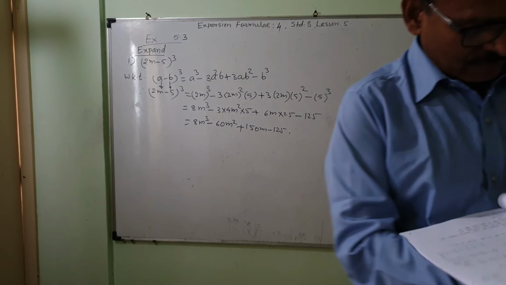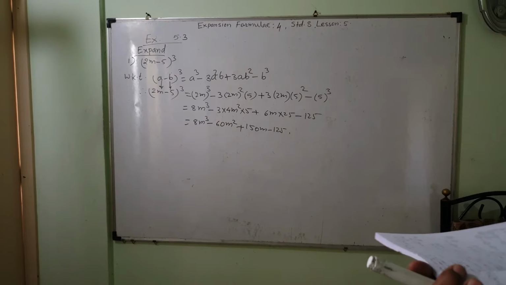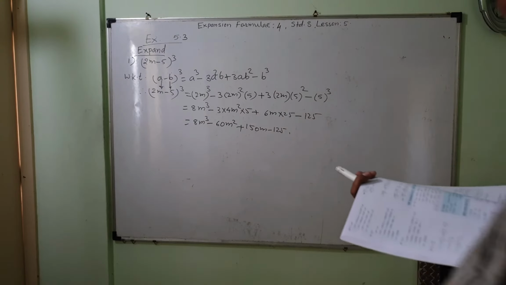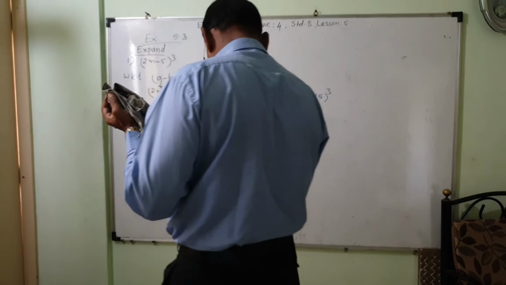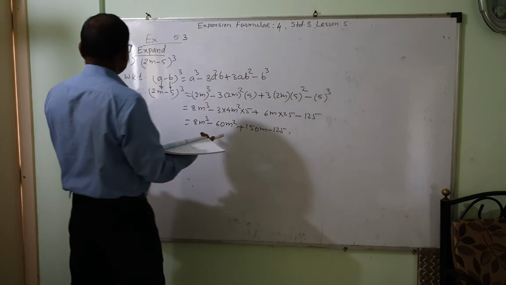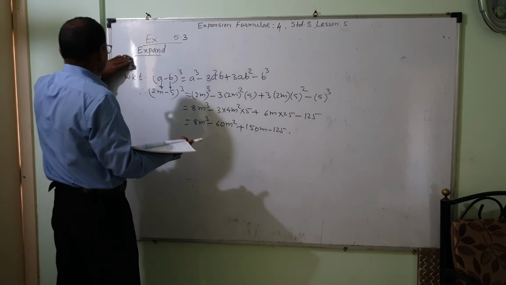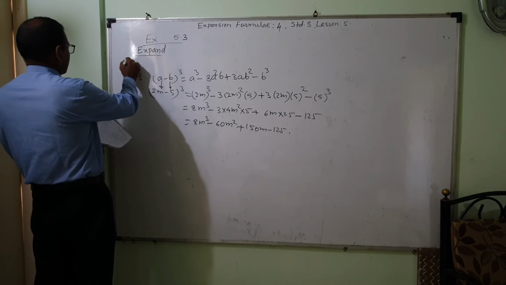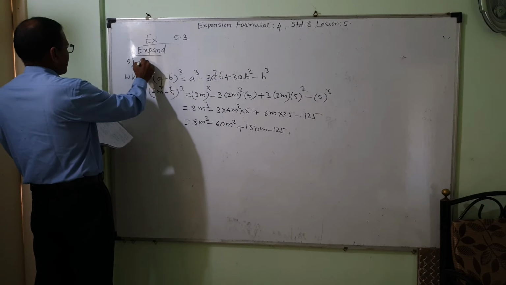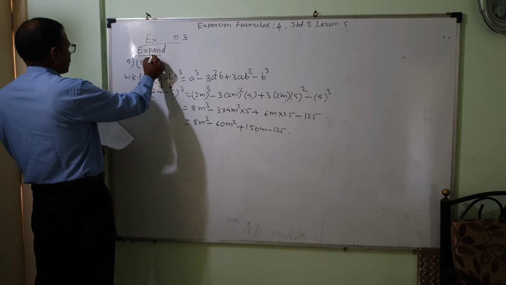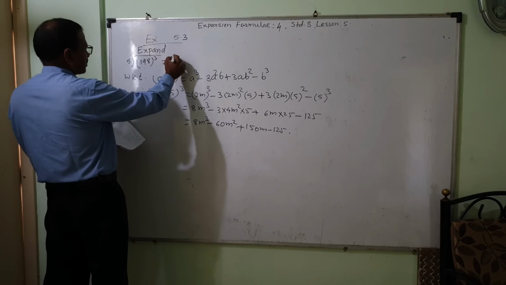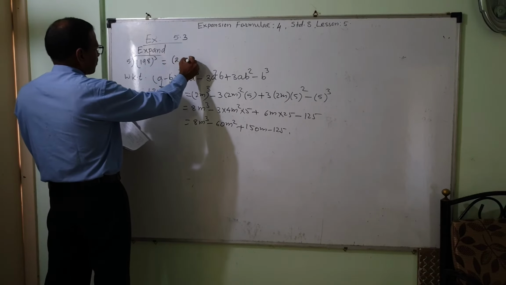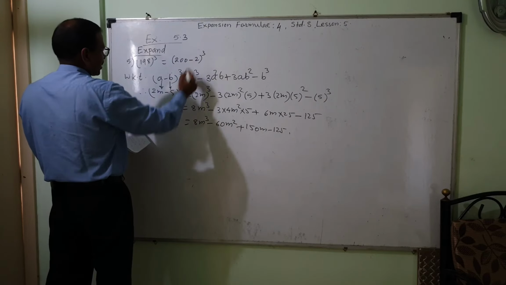Now many of the sums we have solved in the plus format. Now I want to solve the fifth one. Fifth one is 198³. This I will write as (200 − 2)³.